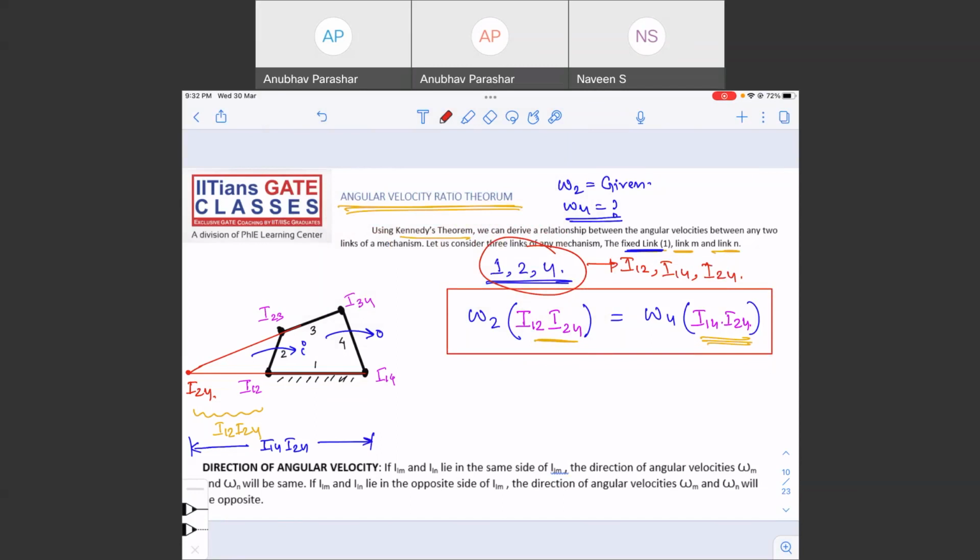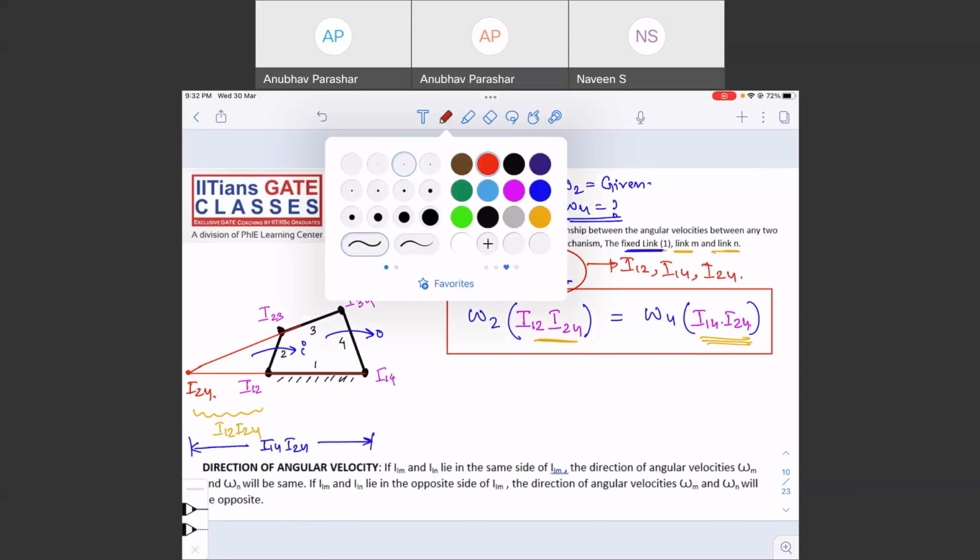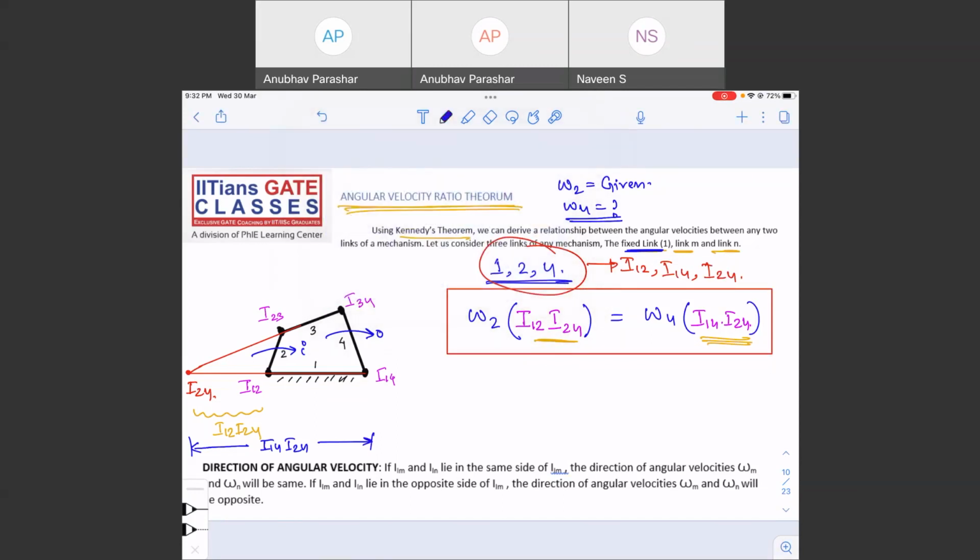Now, one more point to be noted here. Angular velocity is a vector quantity, right?